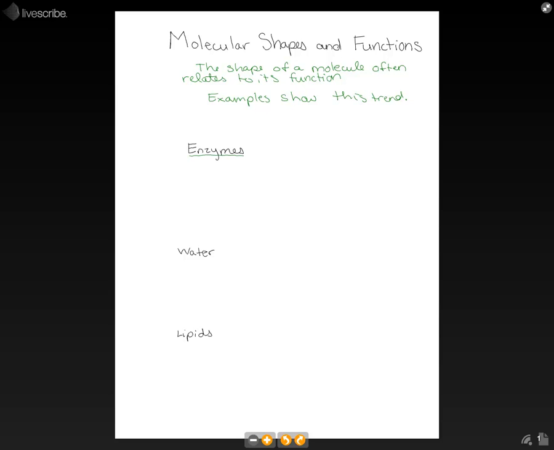So, enzymes help to speed up reactions by bringing reactants into contact with each other.